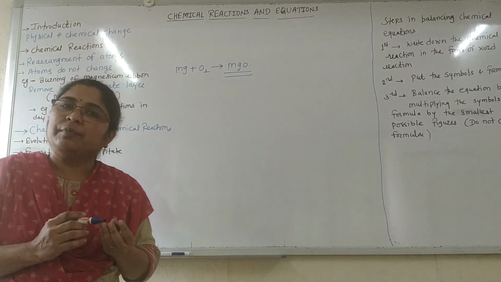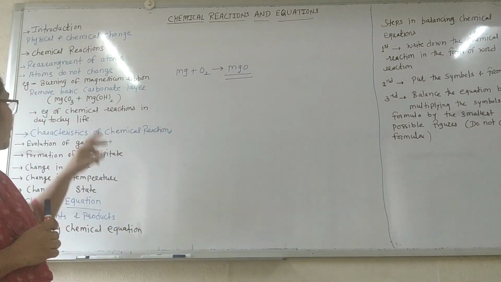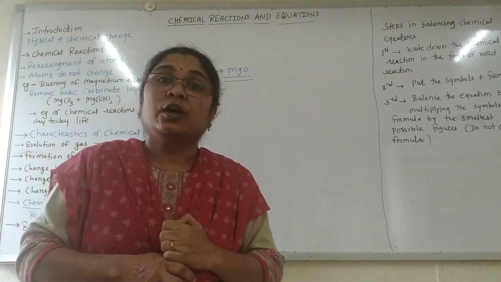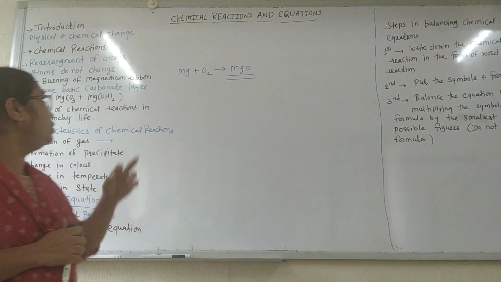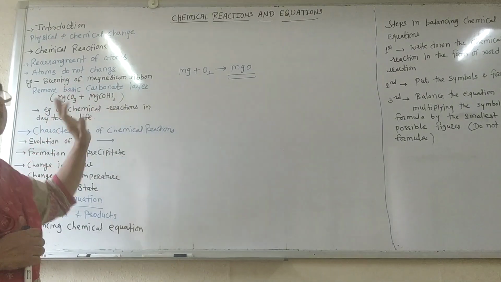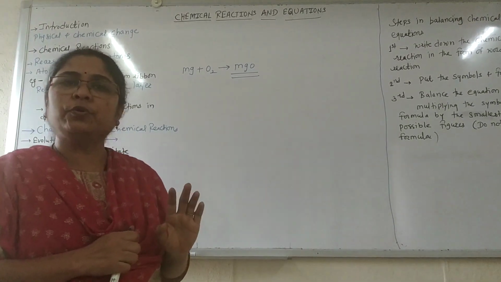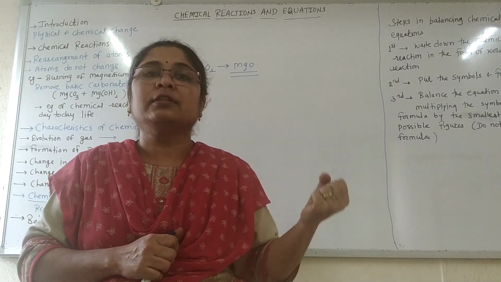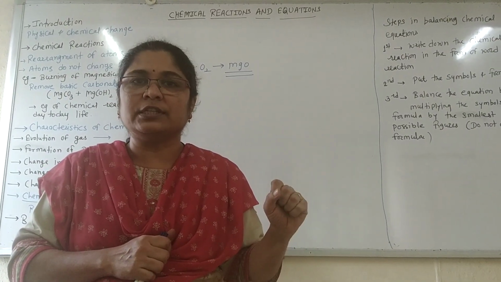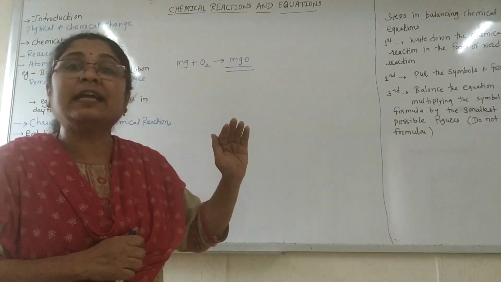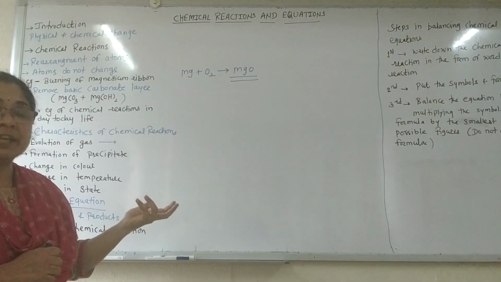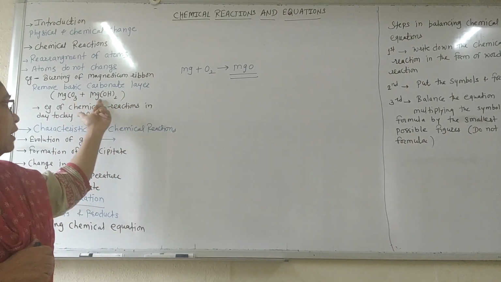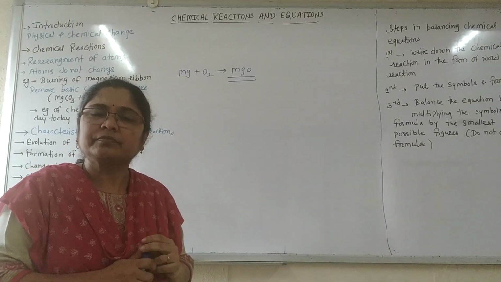So this is about the chemical reaction. During the burning of magnesium ribbon, always remember that it should be rubbed with sandpaper. Why is it so? When magnesium comes in contact with moist air or oxygen, it forms a basic layer over it. This basic layer is nothing but magnesium carbonate and magnesium hydroxide.